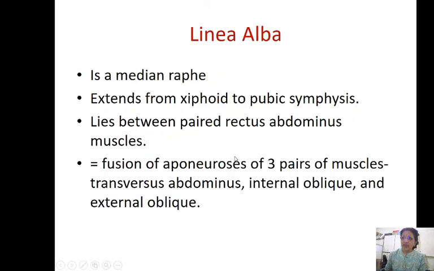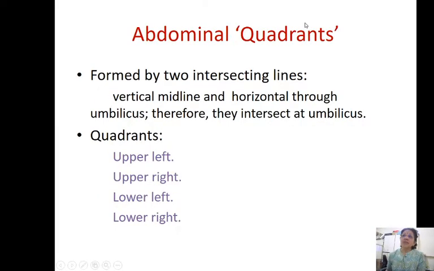Now let us look at what the abdominal quadrants are. For purposes of description and sharing information with the entire medical community, we have devised some artificial lines and demarcations, to better understand what is in which place under normal circumstances, so that then we can tell if something abnormal is happening or not.